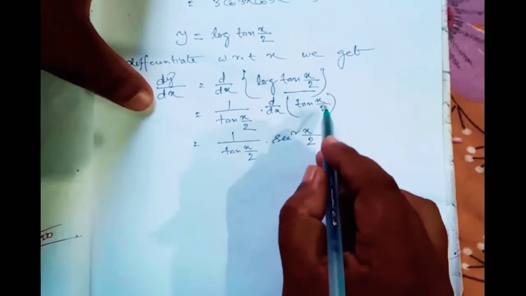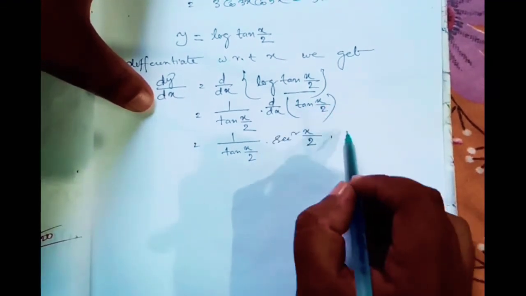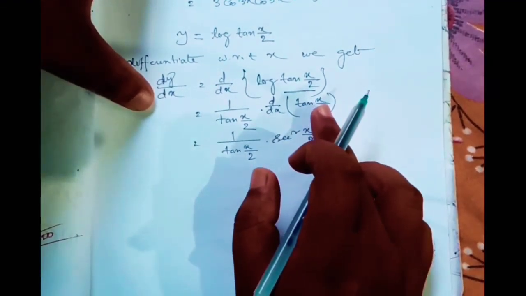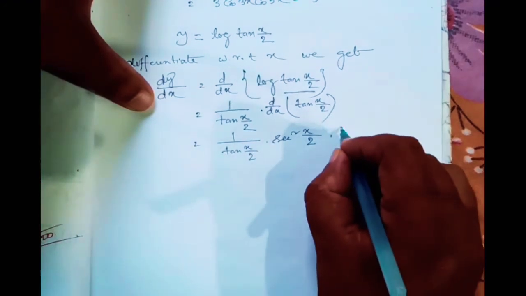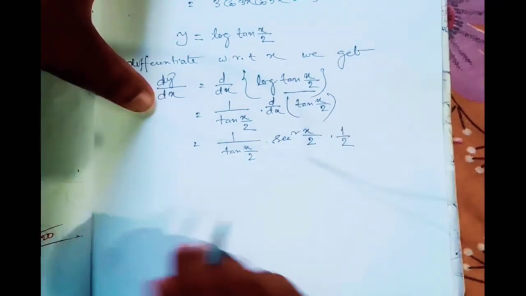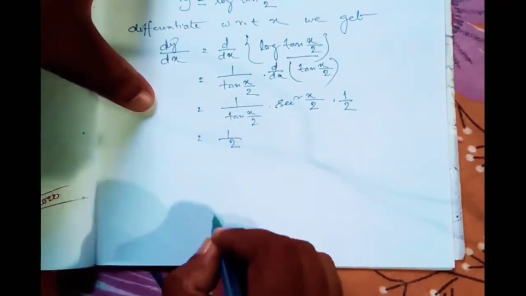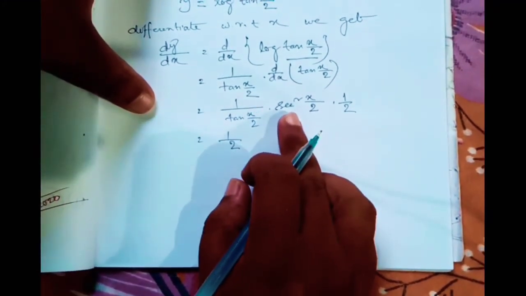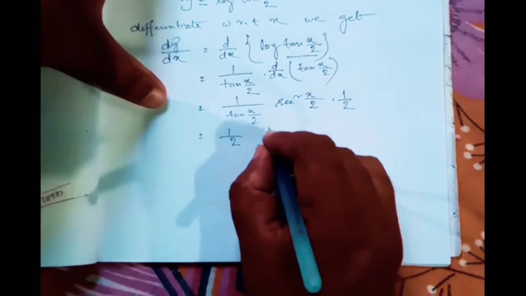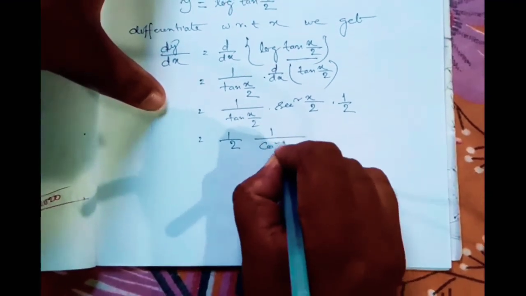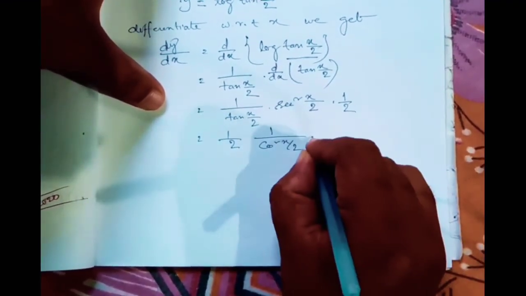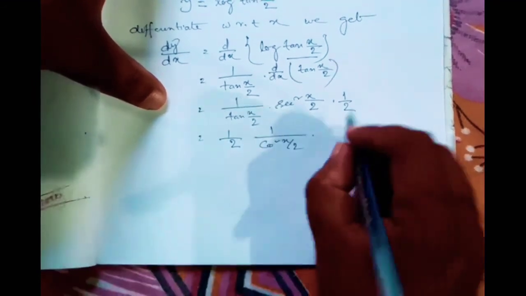Next, again the differentiation of x by 2. If we differentiate x by 2, we will get how much? Half. Okay, so half should come over here. This is sec square x by 2. Sec means 1 by cos square x by 2, and this is tan x by 2.